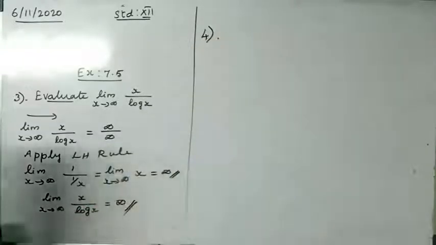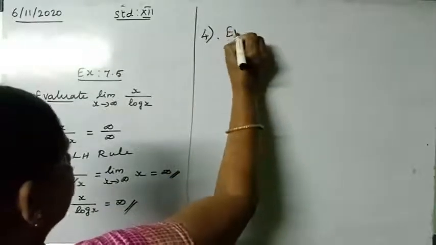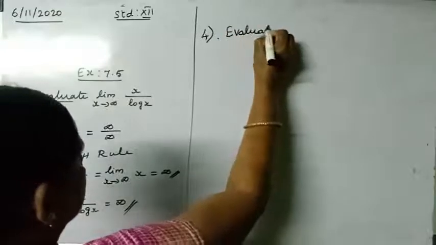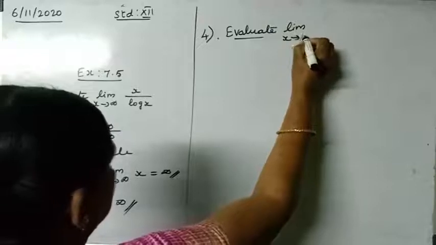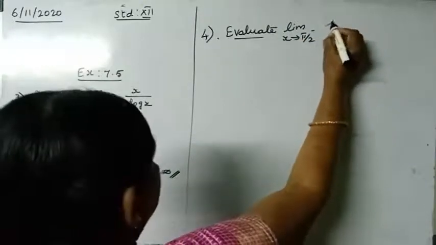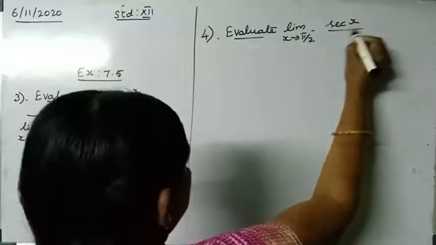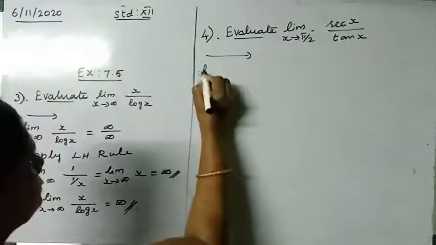Very simple questions. Fourth question, evaluate limit x tends to pi by 2 minus secant x by tan x. Now take the question.